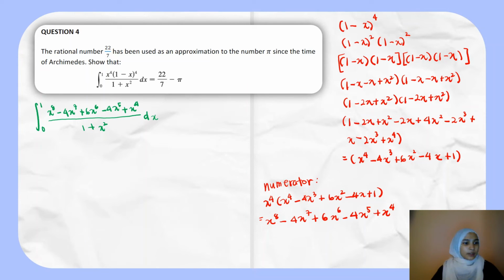So now we will use polynomial long division on this fraction to make it easier. Let me just erase this real quick.